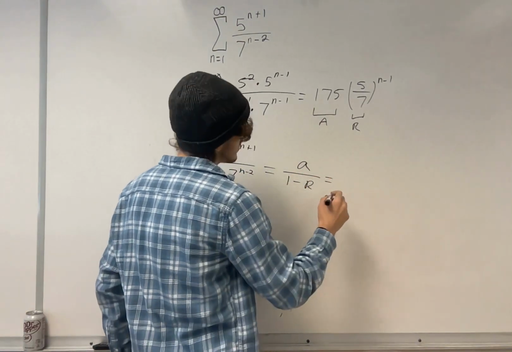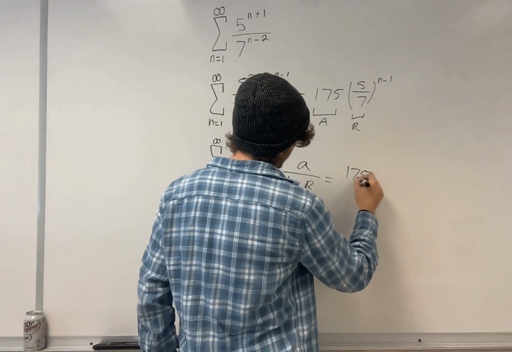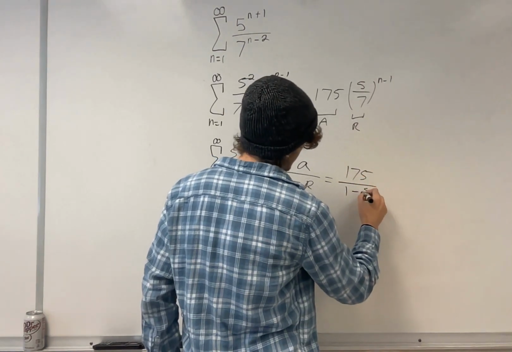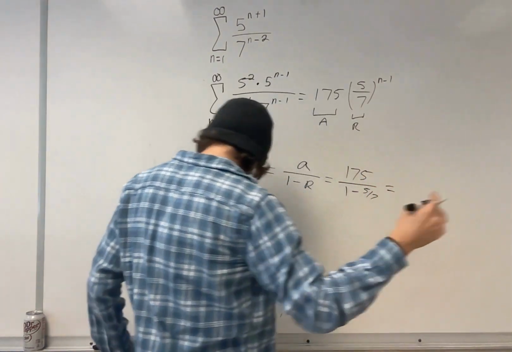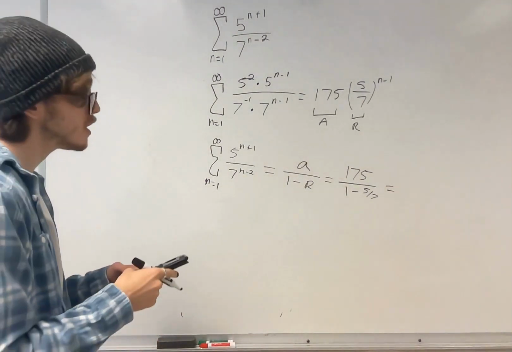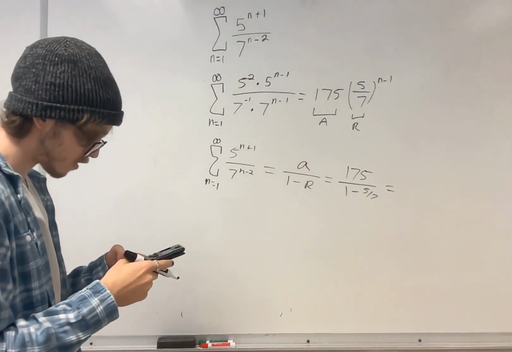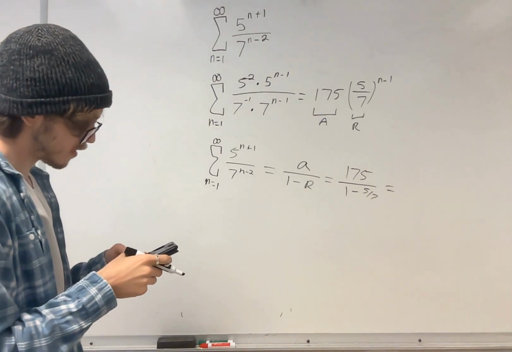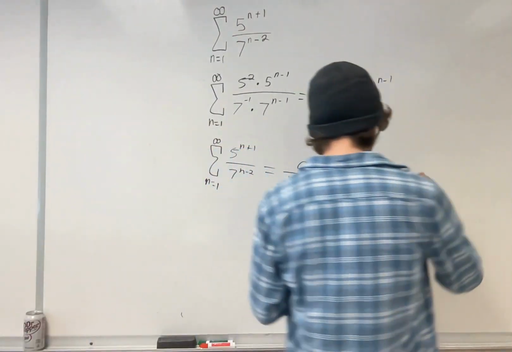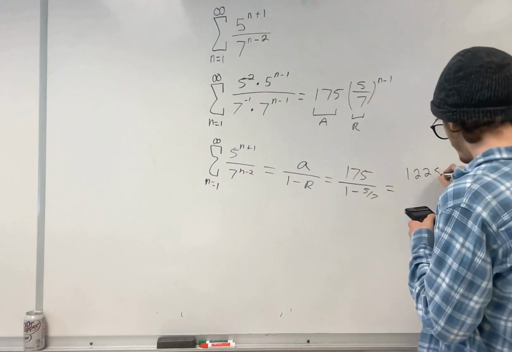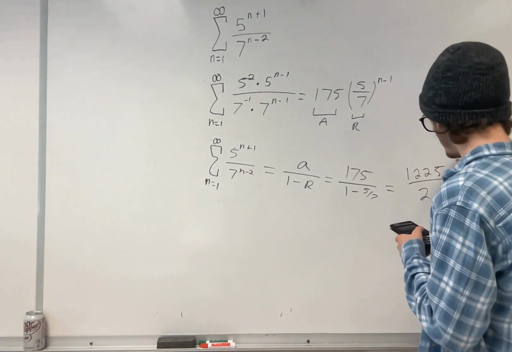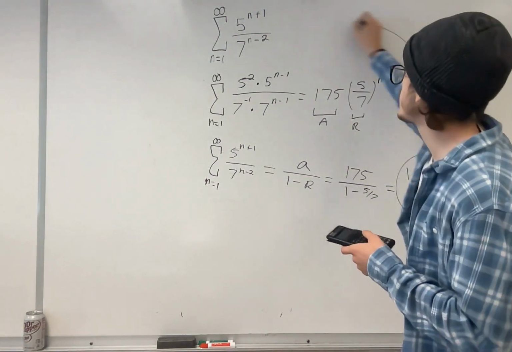Or in other words, this is equal to 175 over 1 minus 5 over 7. What's that equal to? Go find it in your calculator. See if you can beat me. I'm a little faster than all you guys, obviously, because I'm that cool. We're going to see that it's 1,225 over 2. That is the sum of the series for this geometric series here.